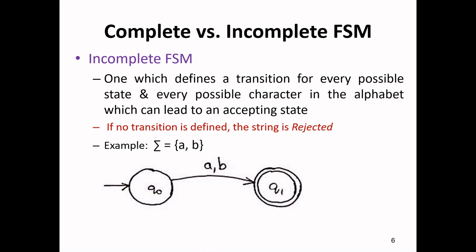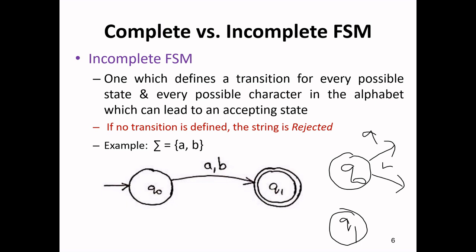That is, we have two states, state Q0 and state Q1. From Q0 there must be one compulsory transition for input symbols a and b. Similarly, from Q1 there must be one transition for a and b.